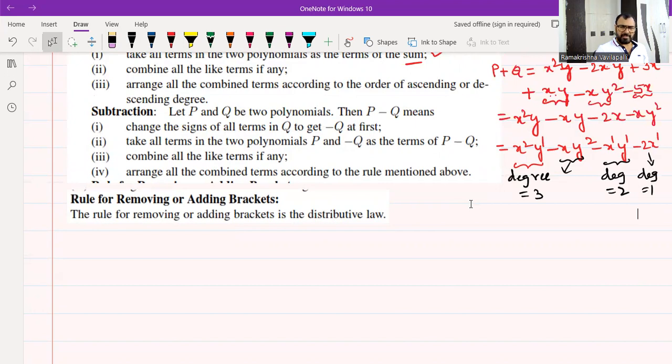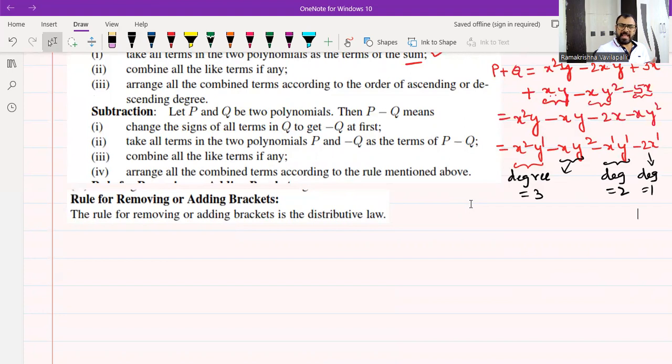Because in mathematics, putting brackets plays a vital role. Sometimes it may confuse you. So how do we open the bracket before we add or subtract? And what is the procedure for opening a bracket?